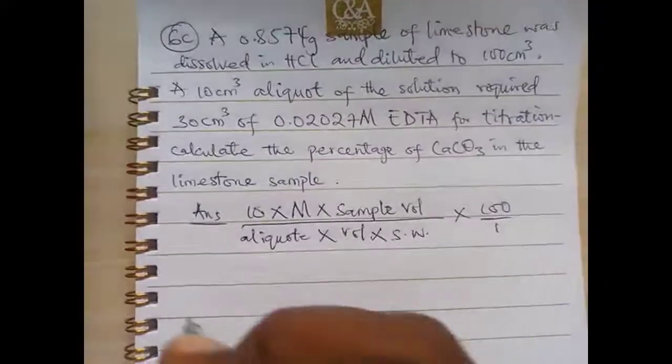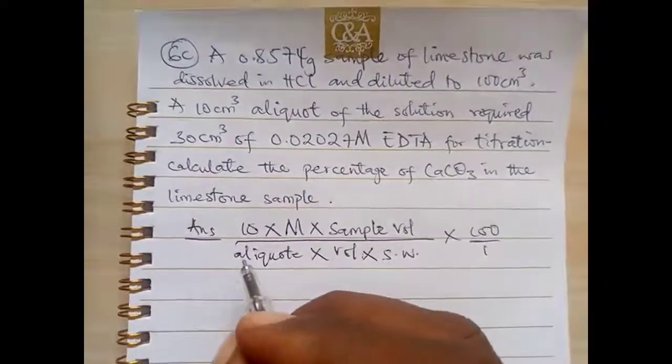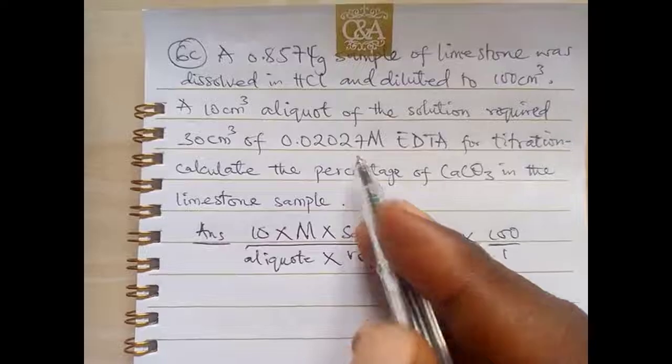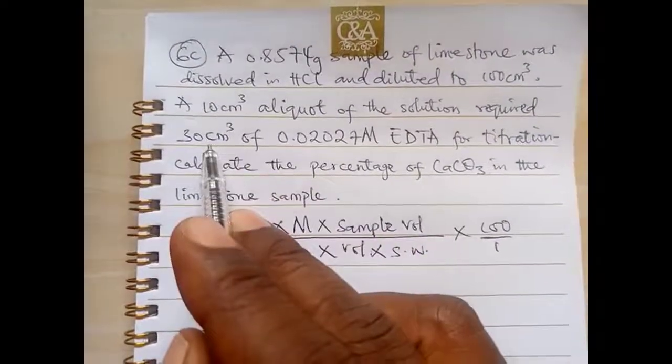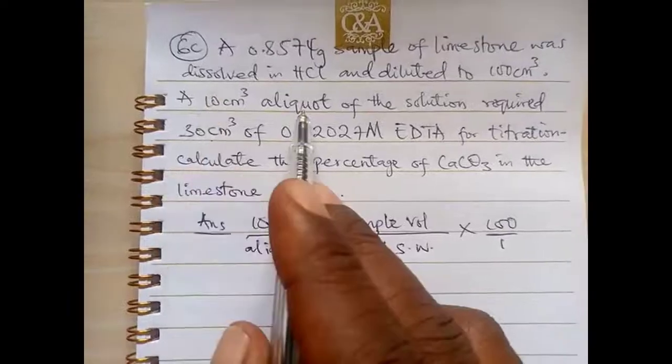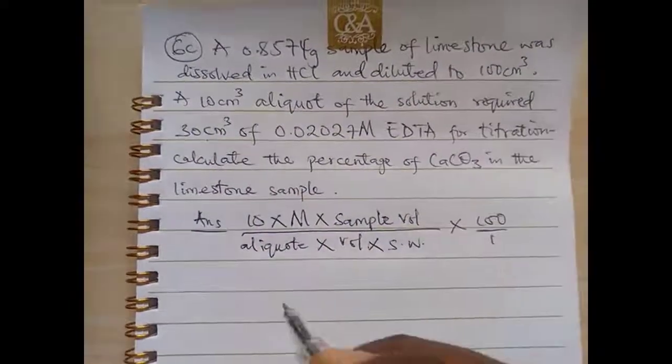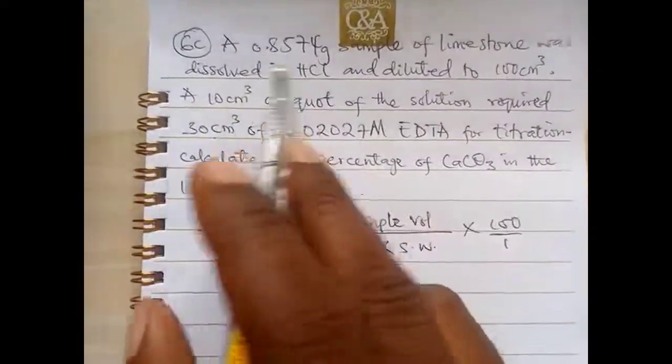So the molarity is 0.02027. The sample volume is 30 cm cubed, the aliquot volume is 10 cm cubed, and the sample weight is 0.8574 grams.